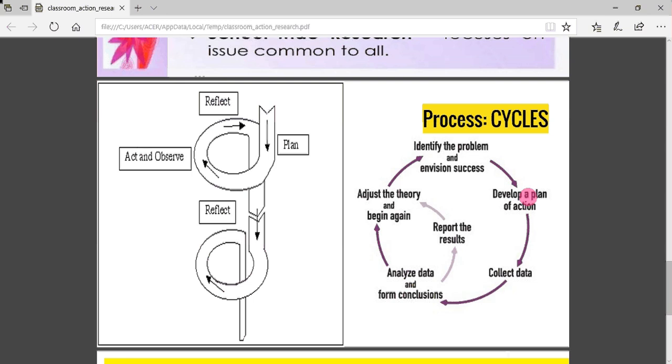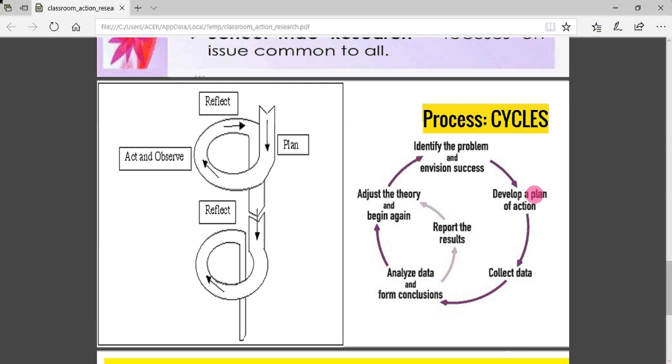Take for example, you want to implement task-based learning to improve student speaking skill. Task-based learning here we call a solution, an action, or a new strategy for overcoming the problem.